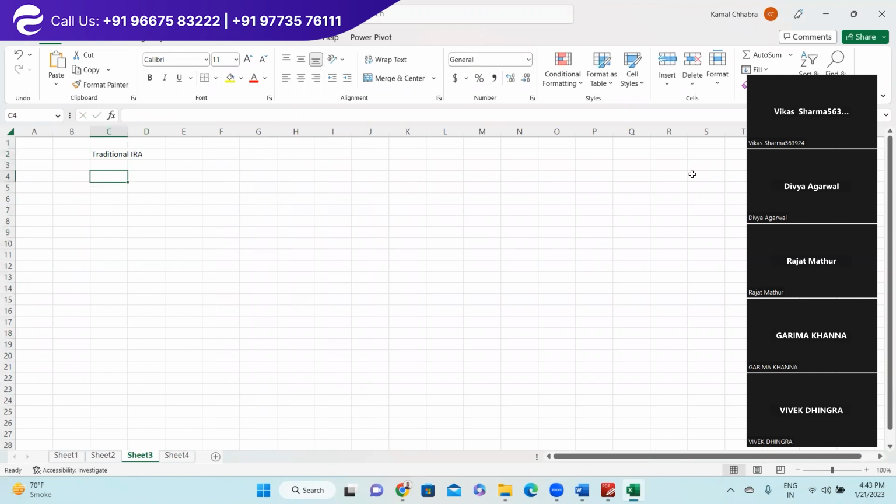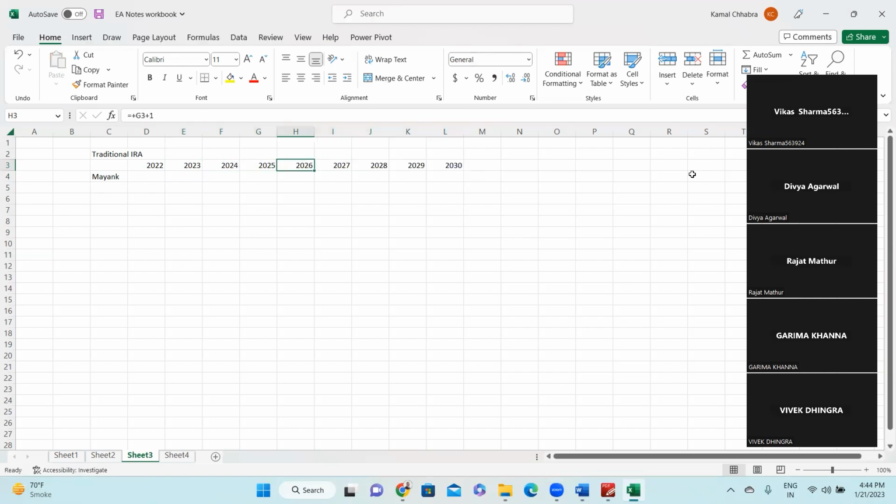Let's assume Mayank, and this is financial year 2022, '23, '24, '25, let's assume '26 to '30. So let's assume Mayank is expected to retire in 2029.